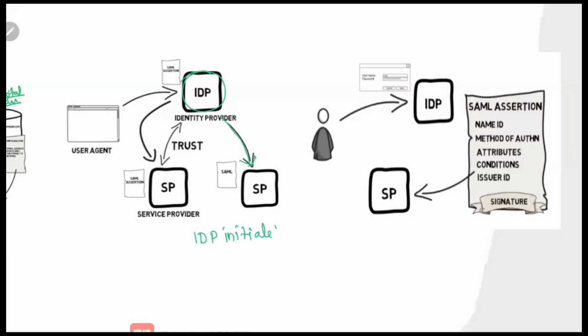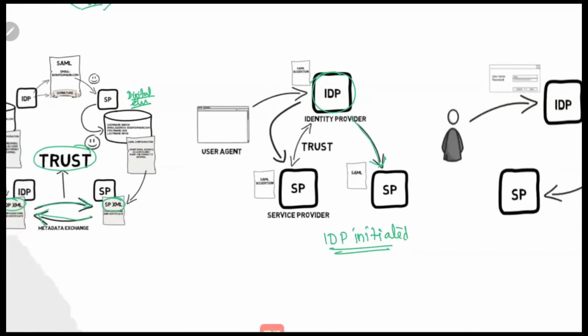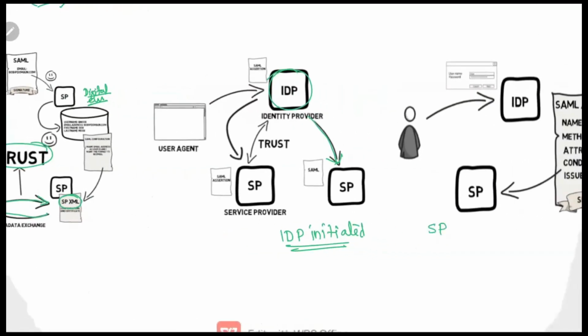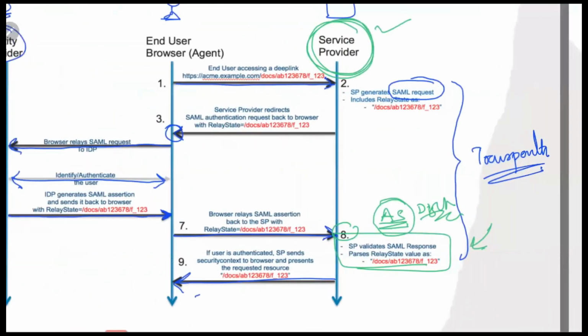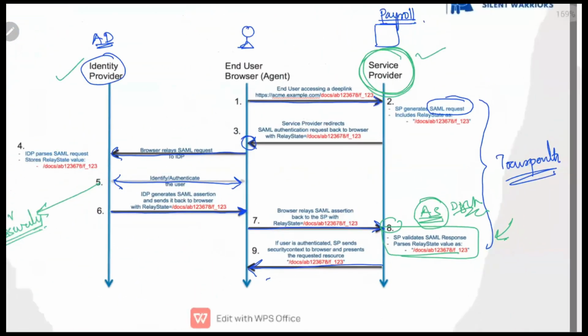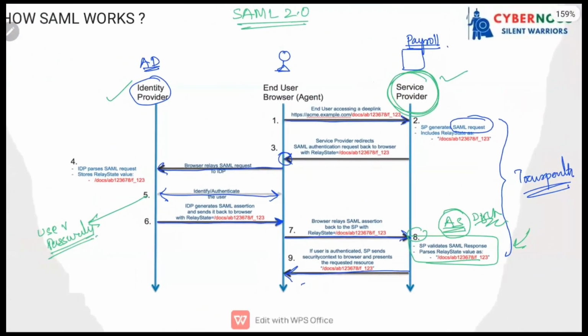The other way is when the user actually reaches the service provider, then the service provider generates a SAML request and sends it to the IDP. That is called service provider initiated. An example of service provider initiated is the one we discussed in the last slide, because that is where the request has been generated.